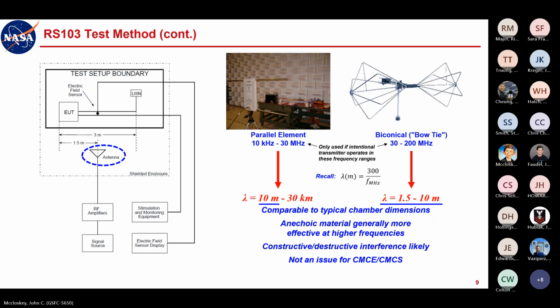Well, the main reason is if you don't have any transmitters operating in this frequency range, it's just not a very meaningful test. But this is another reason to emphasize the conducted testing below 200 megahertz, that you don't have to grapple with these kinds of issues with constructive and destructive interference, because you're dealing with wavelengths that are comparable to your room dimensions.